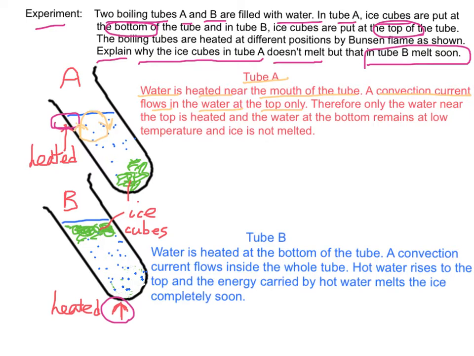However, in this case, little heat can be transferred to the bottom. Therefore, the ice cube remains unmelted, because the temperature of the water near the ice cube is low.